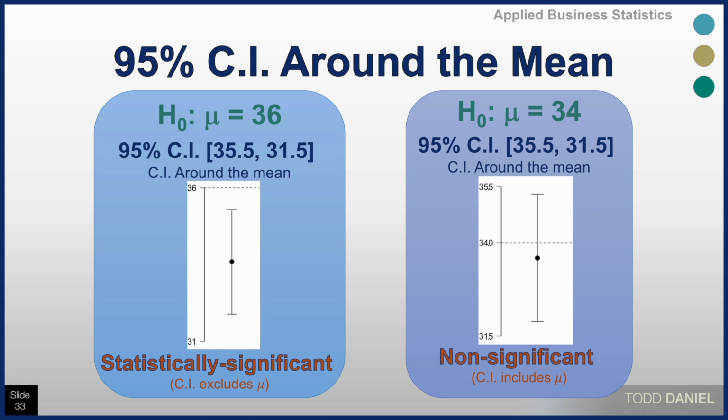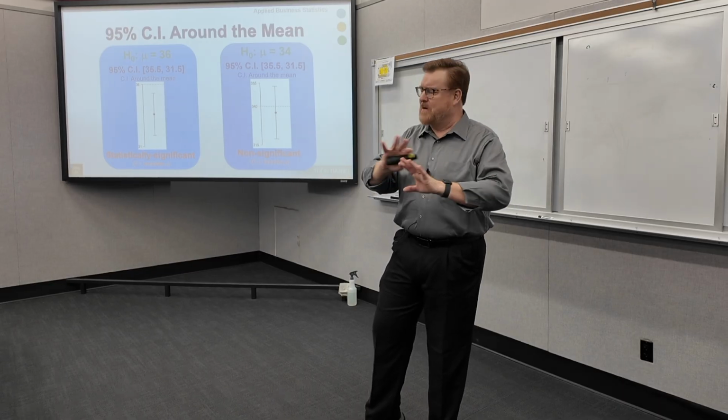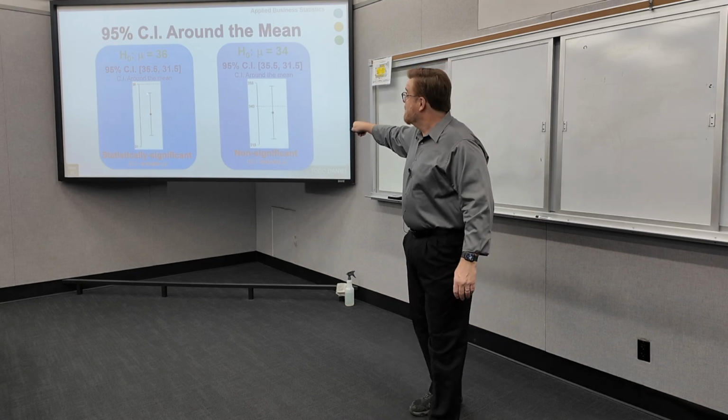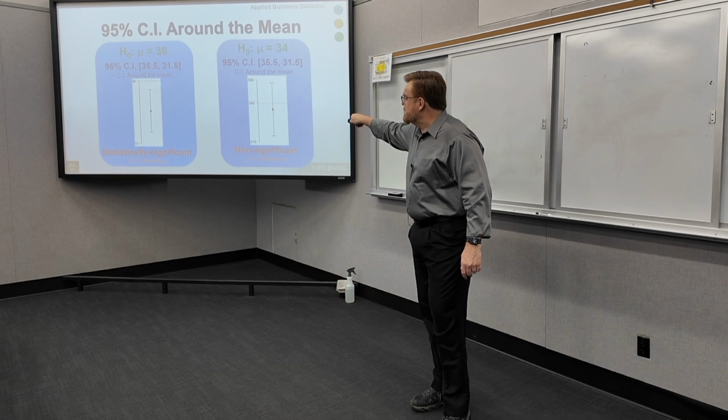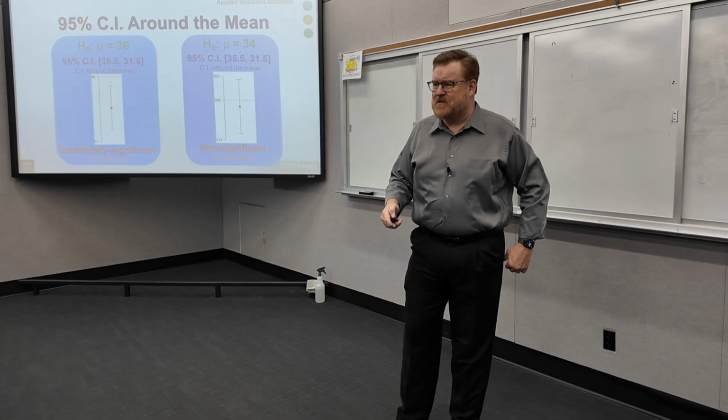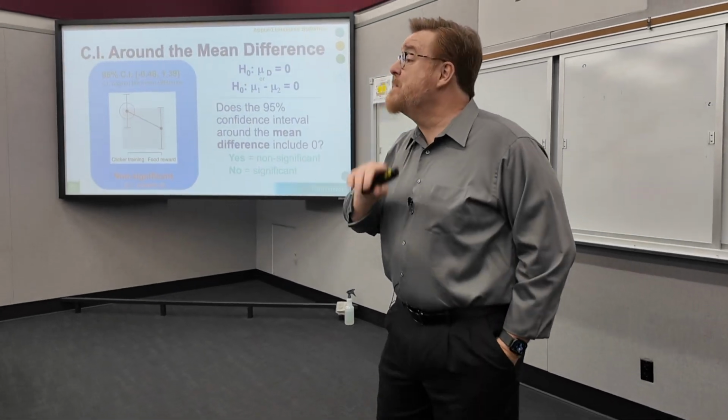This is kind of like that being inside the fence idea. Anytime you look at that range of scores and it includes your null hypothesis value, no different. They are the same. Only when your mean is outside of that range of scores would we say that it is statistically significant. That would be for a mean.